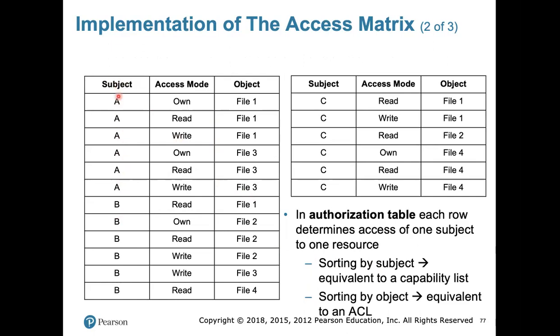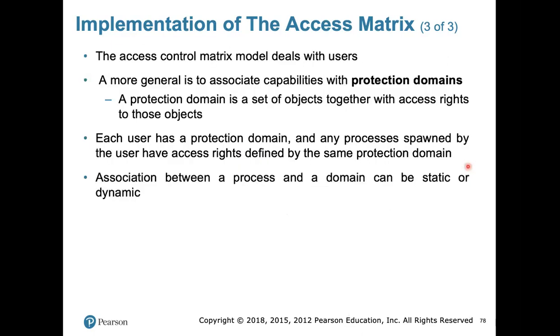You see that the table first has subject A, user A, and then subject B, and then subject C. We can also sort it based on objects: file 1, then file 2, then file 3 and file 4. This is another way of storing our access matrix in DAC access control.